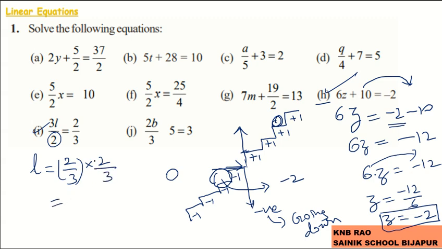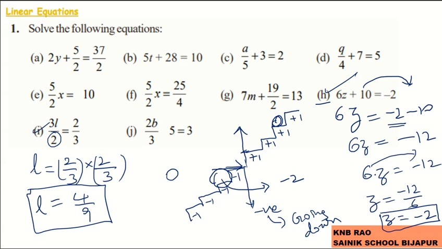That means in toto we have the reciprocal of 3 by 2 this side. Now 2 by 3, which is already existing, and the new 2 by 3, when multiplied, result in 4 by 9. So l equals 4 by 9 is the solution of the given equation.